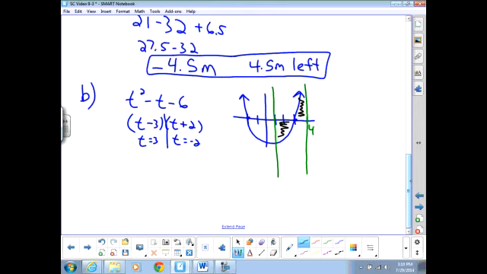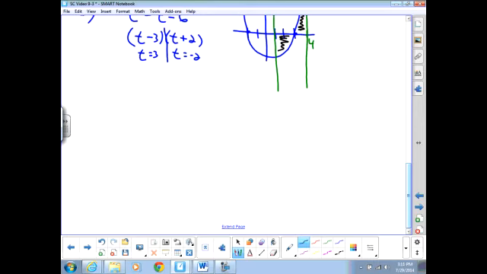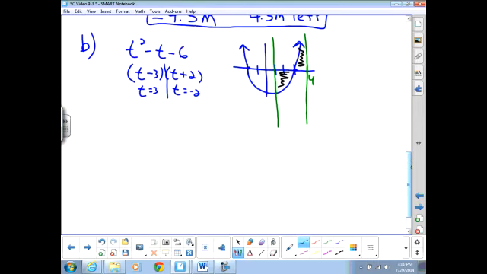Then we'll add them together, and that'll give us the total distance traveled. So we're going to do two separate integrals. We'll do the integral from 1 to 3, because that's where it's negative, and we'll do the integral from 3 to 4. And for both, we'll have our function t squared minus t minus 6 dt.